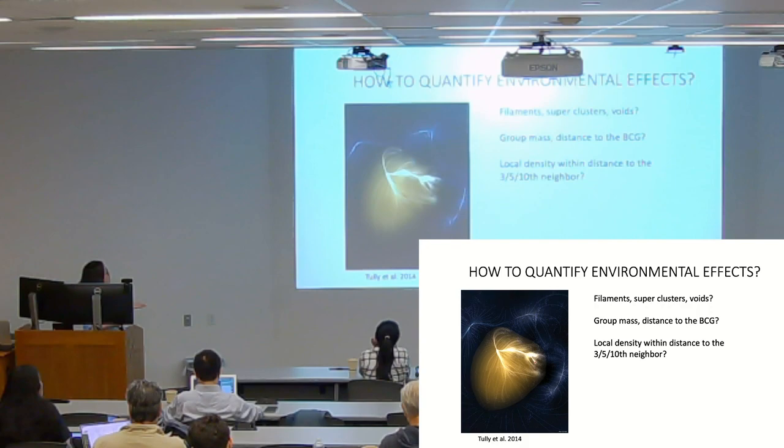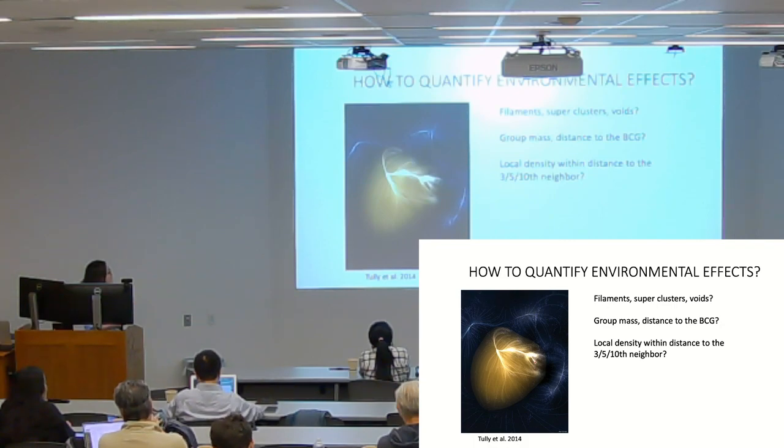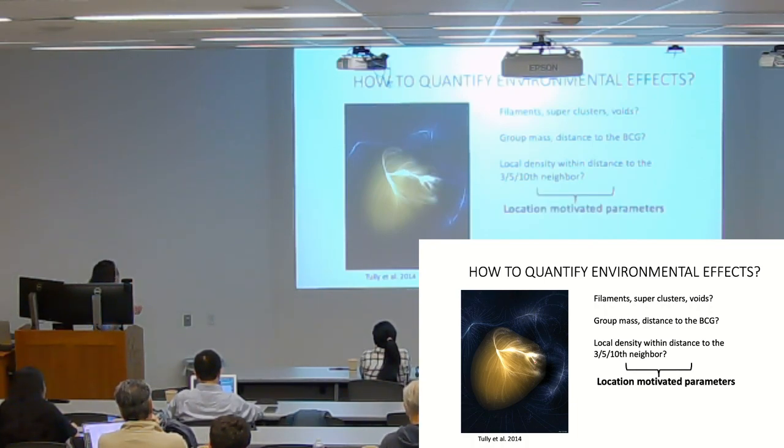We use group mass and distance to the BCGs to describe group catalog-based environments. We also use the simpler local density of galaxies, within the distance to the third, fifth, or 10th neighbor, to describe general environmental densities.